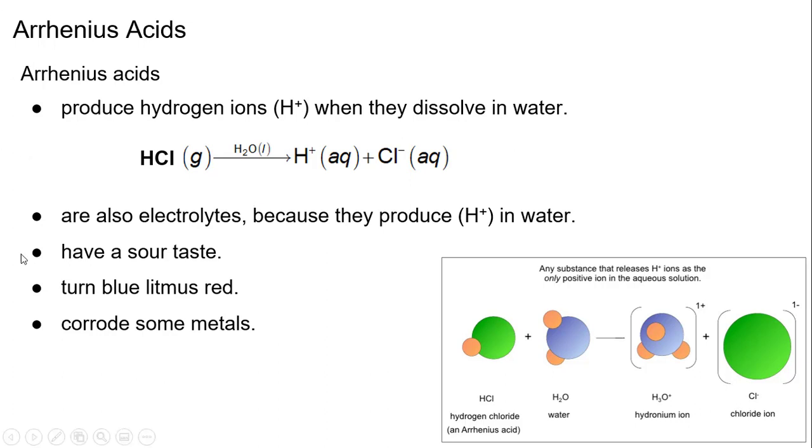Now this is simplified. In the next section, we'll look at why this is not really how it happens. We write this as more of a shortcut. It doesn't really happen this way. What it does is happen more like in this picture, where we have HCl and it comes into contact with water, and the hydrogen actually comes into contact with the water and now becomes a hydronium ion, which is H3O plus, and then chloride ion.